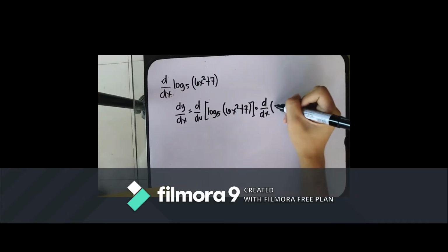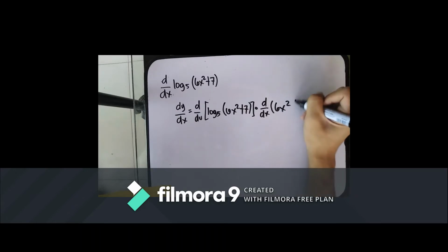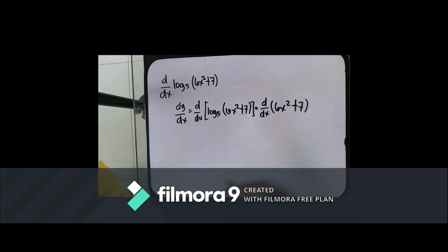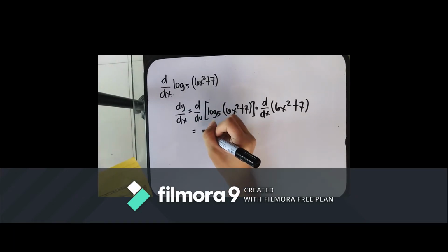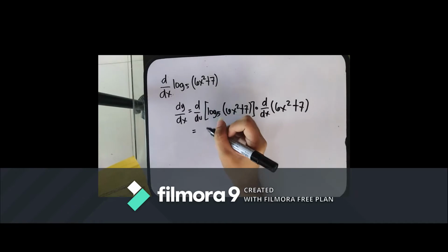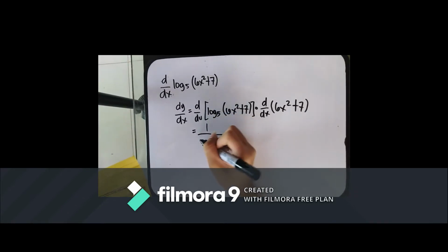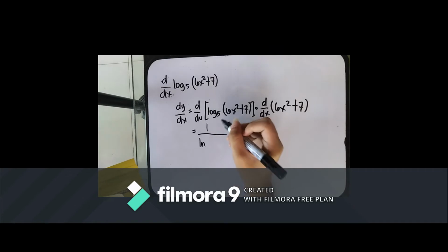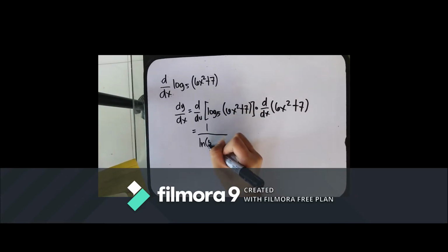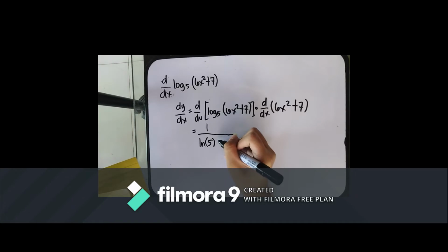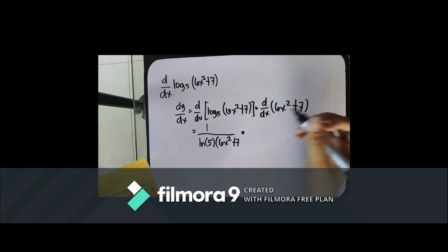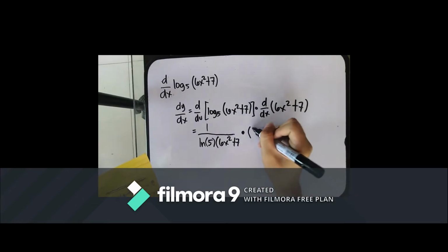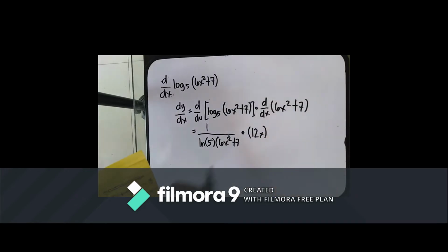The value of u is 6x squared plus 7. Then derive them. So the derivative of log is 1 over ln, with the subscript 5 put here, and copy the 6x squared plus 7, times the derivative of u, which is 12x.